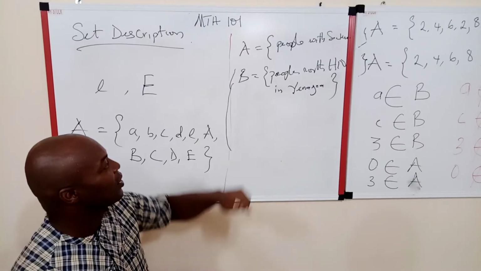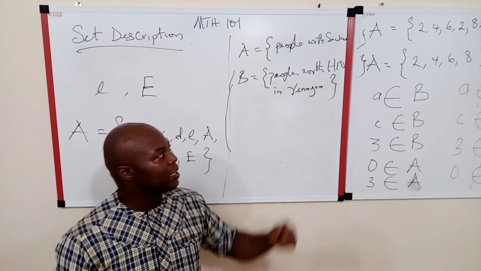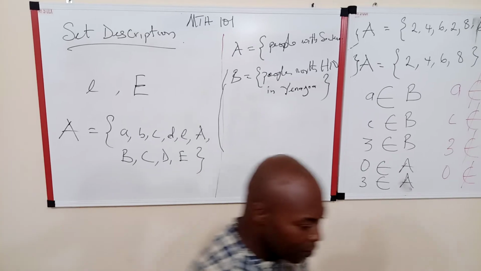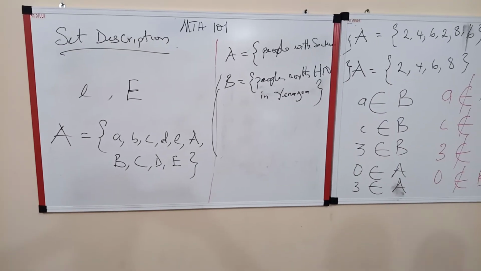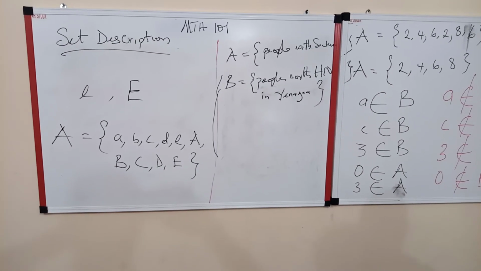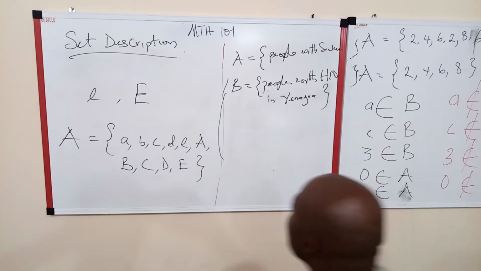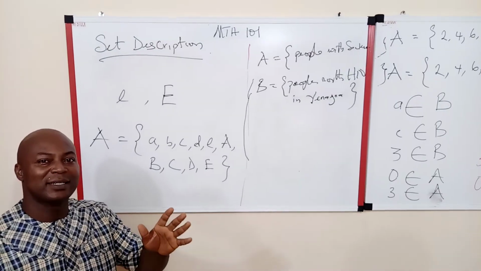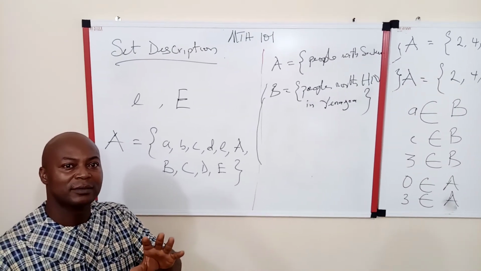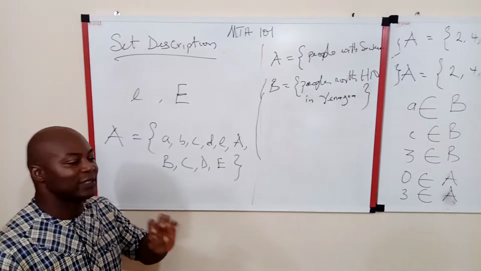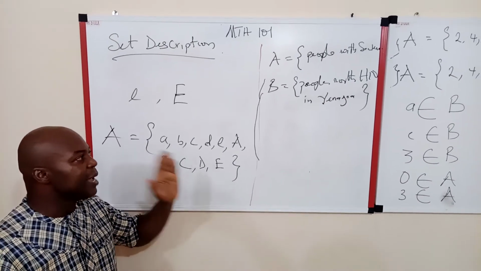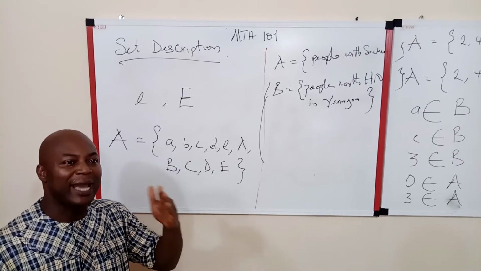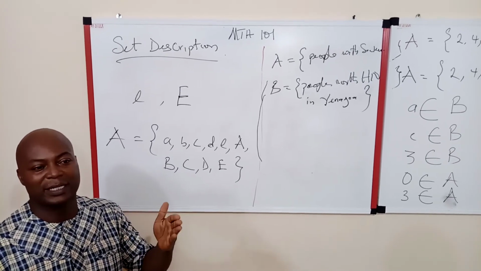So conclusively, we are saying that in this set description, all the elements to be considered must be well stated. They must be well defined. They must not be vague, else the information might be misleading.